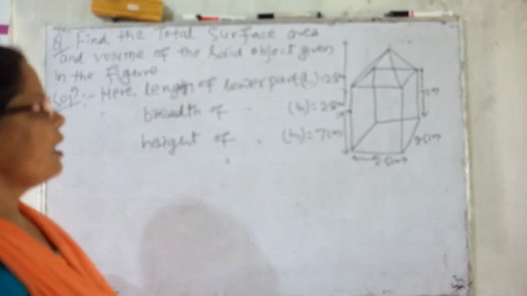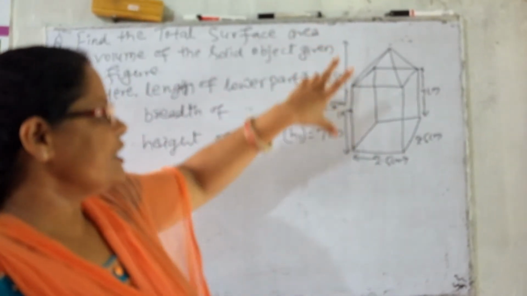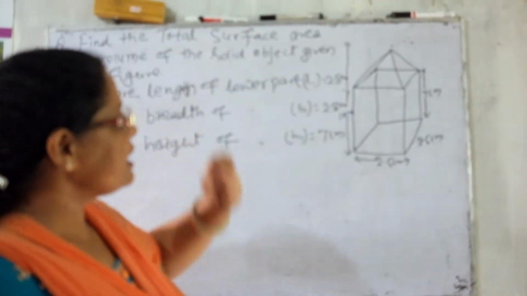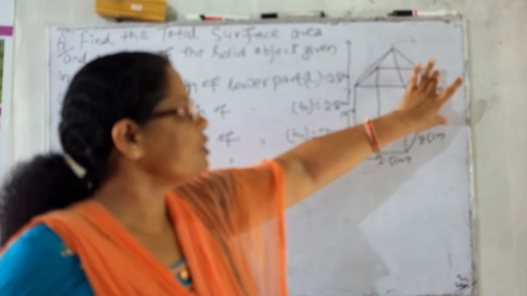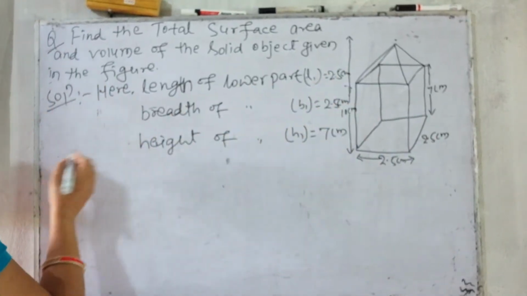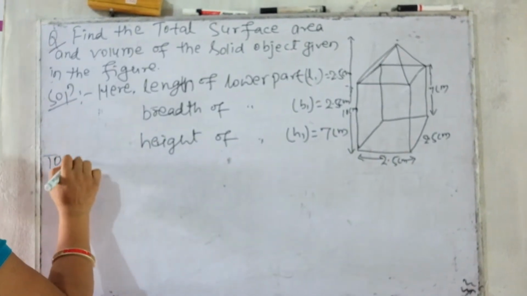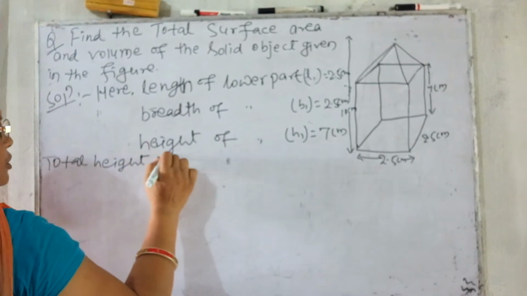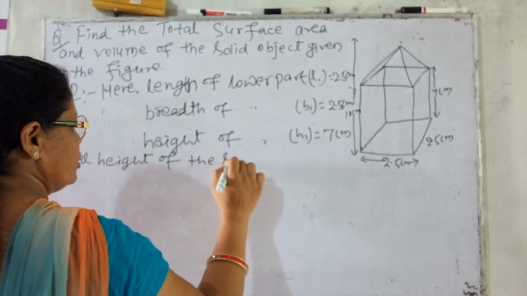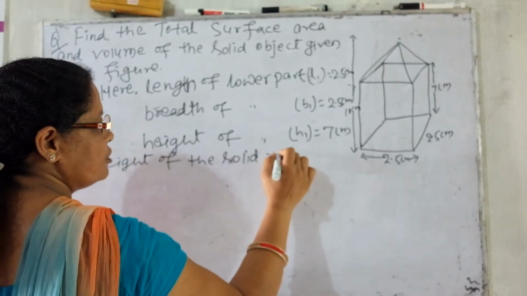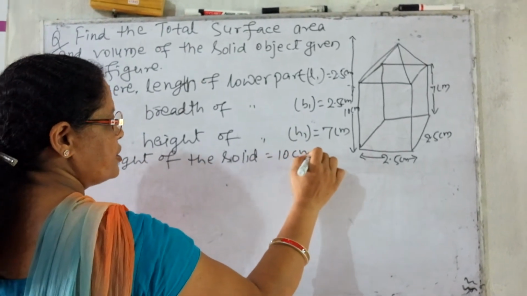Now the height of the solid is given as 10 centimeter. If we subtract the height of the cuboid from the height of the solid, that will be the height of the pyramid. Here we can write total height of the solid equal to 10 centimeter.